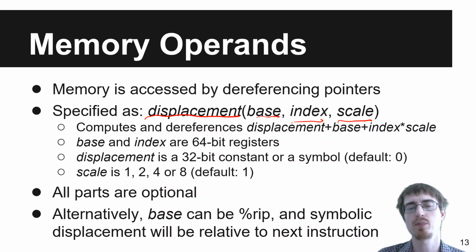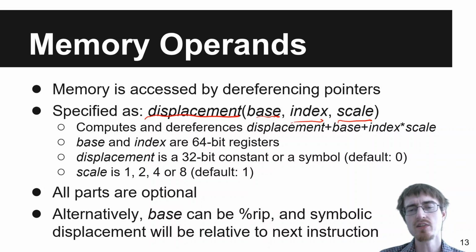All of these parts are optional. And in the end, they compute an address that will be dereferenced. So the address is computed essentially at the same time the instruction is executed. So this is very fast. But it introduces a lot of complicated syntax and circuitry in the CPU.